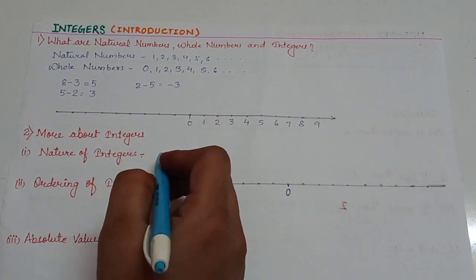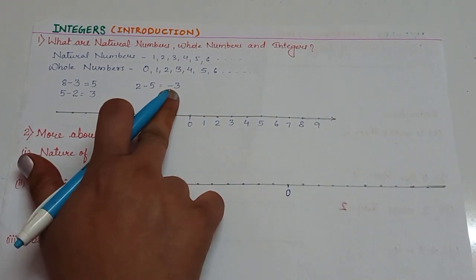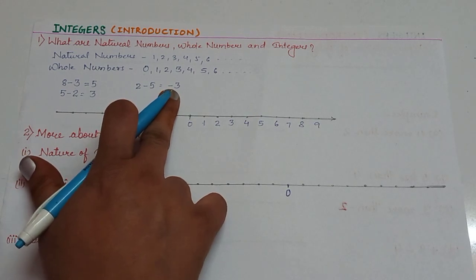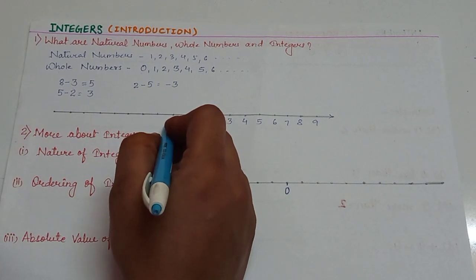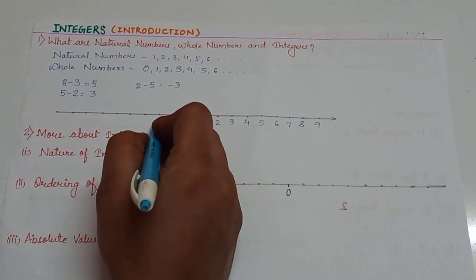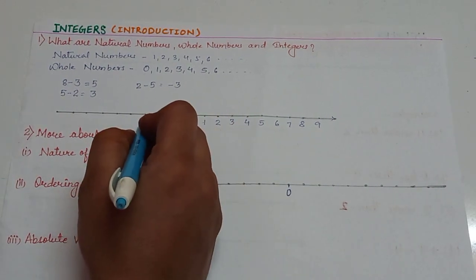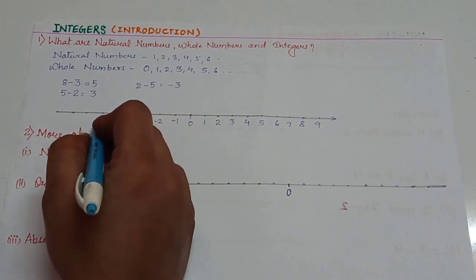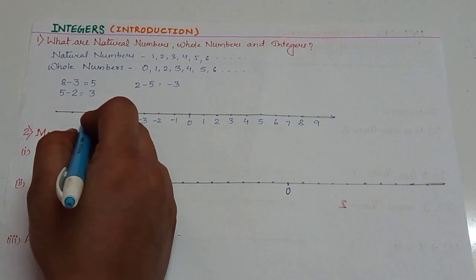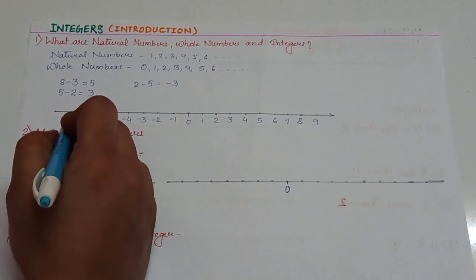And the negative numbers lie on the left of 0. They start with minus 1, minus 2, minus 3, minus 4, minus 5, minus 6, minus 7, minus 8 and so on.